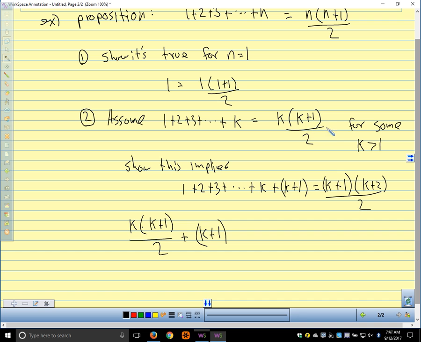We're just adding one term here, and we're going to work with that. Well, that equals, when I multiply this out, we need a common denominator here, so I get k times k plus 1 plus 2 times k plus 1 over 2.